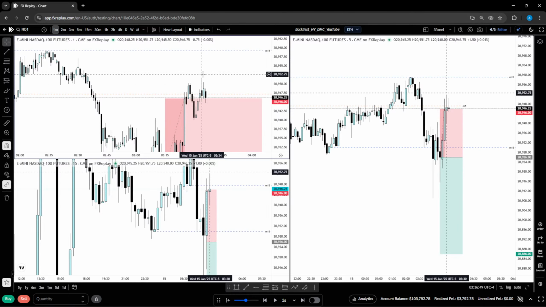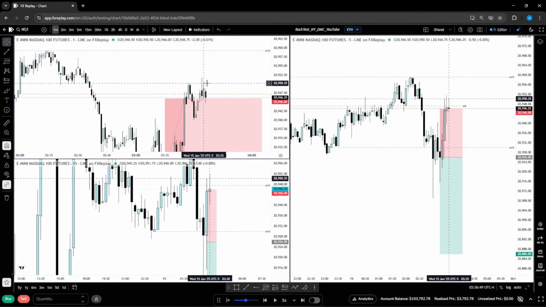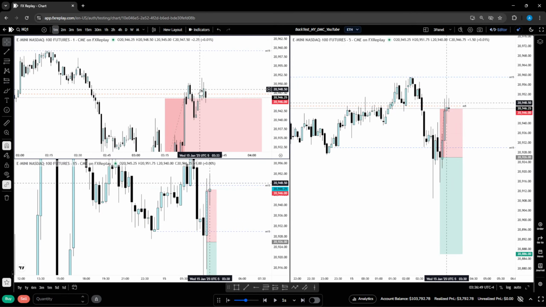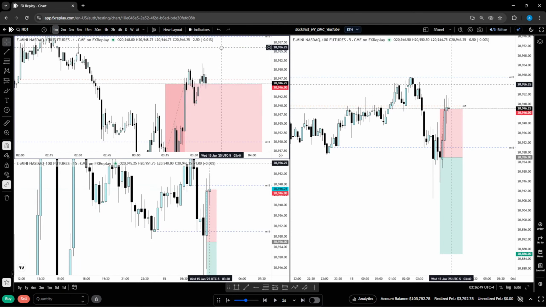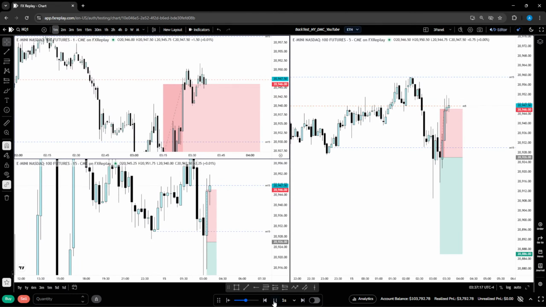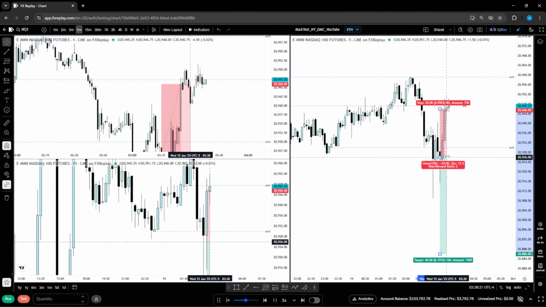Okay, so now this one is a sweep of the previous high. We'll see if it will break down. And this was for the previous one.